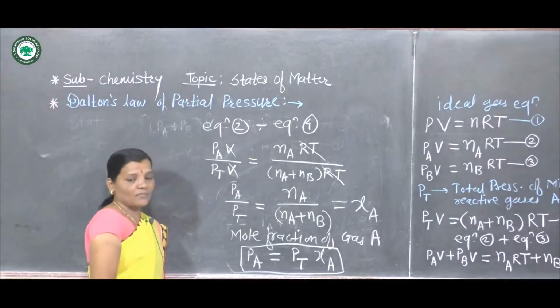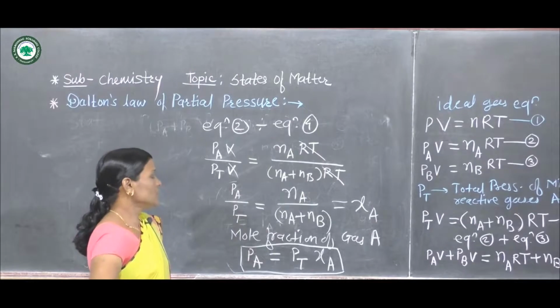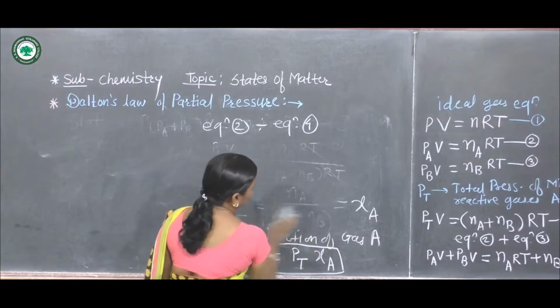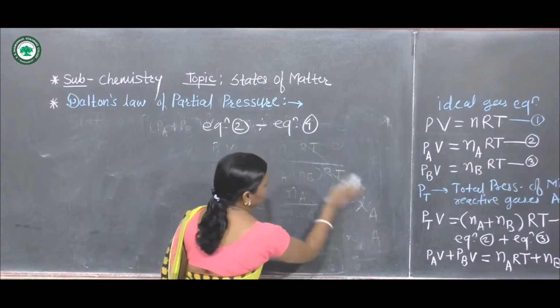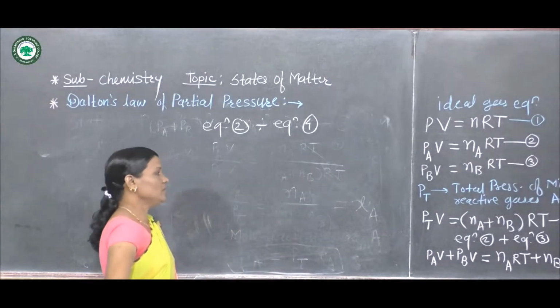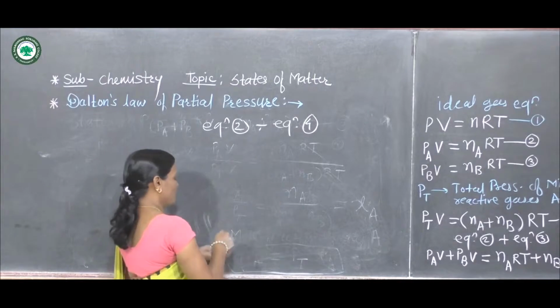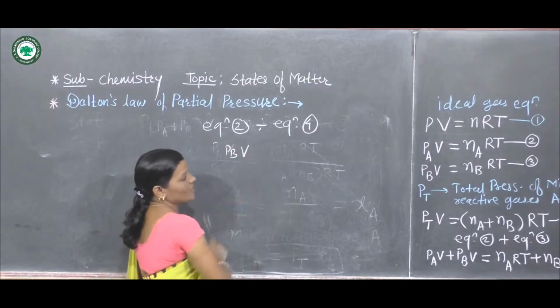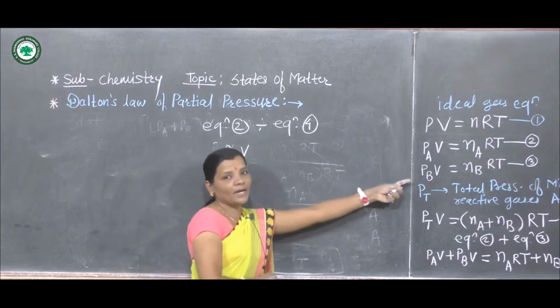Similarly, we can find out this equation for the second gas in a container. Now here equation 3. What is that equation 3? PB into V is equal to NB into RT.